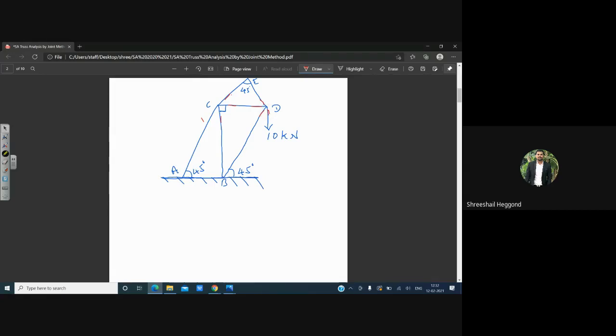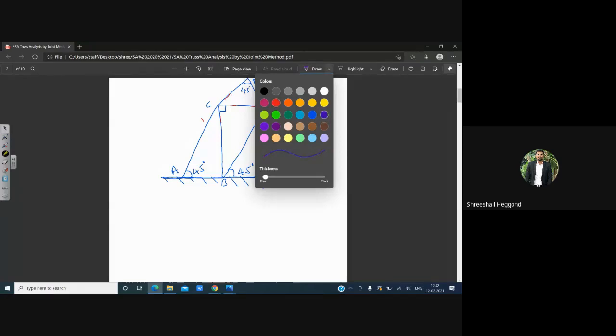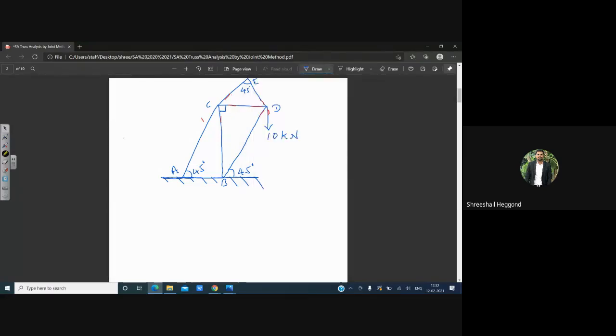Therefore, you cannot solve. Next, I can consider joint E and solve the numerical, where only 2 members are joining. Therefore, consider joint E.